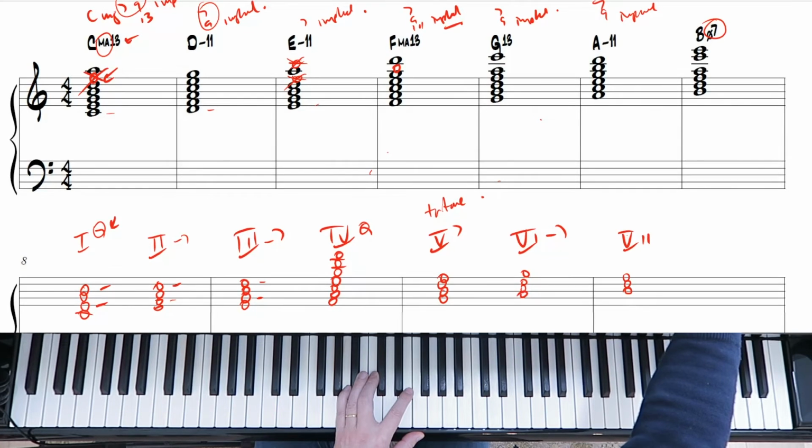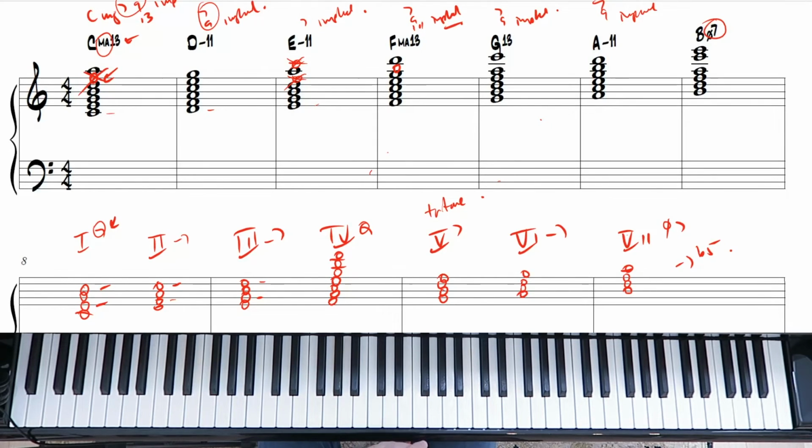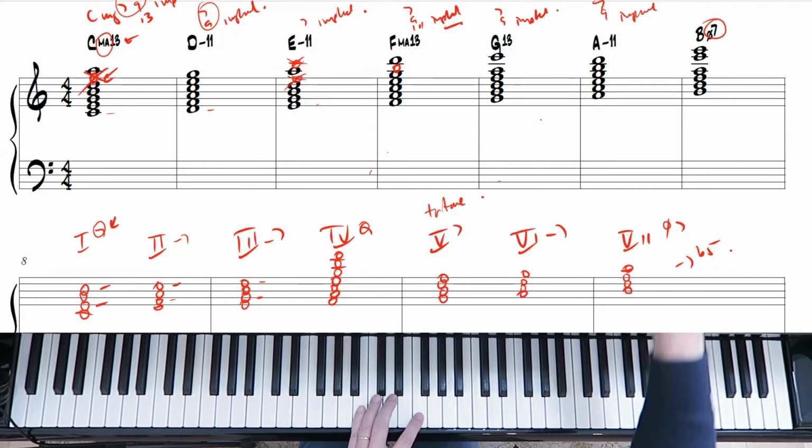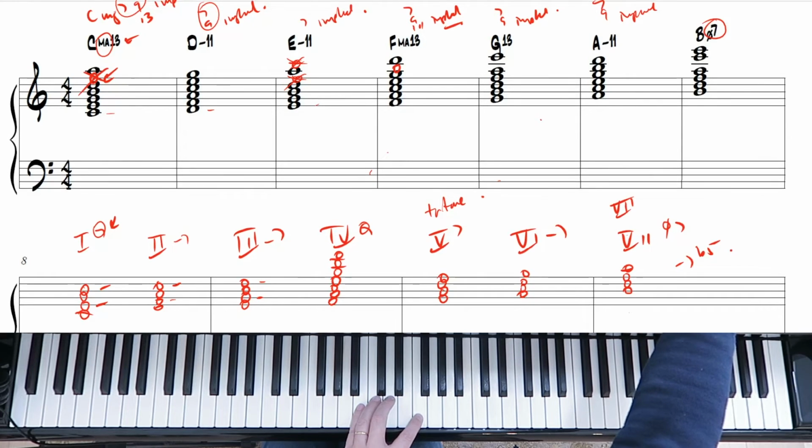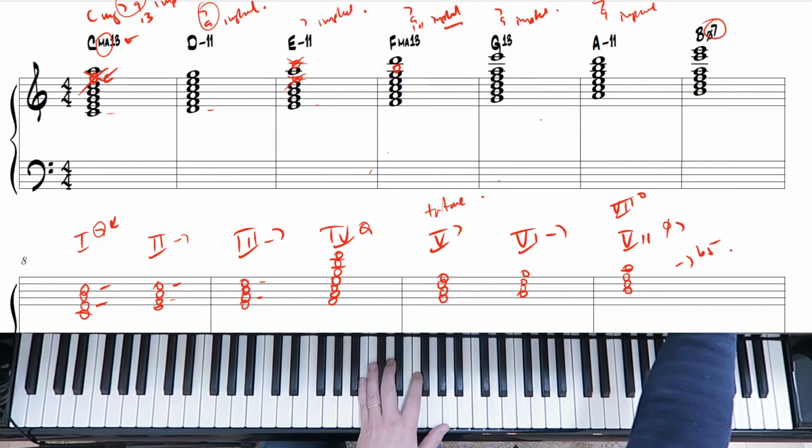This is a 7 half diminished 7th chord, or minor 7 flat 5. Let me explain. The first 3 notes, 1, 3, and 5, all are minor thirds, making that a diminished chord. So if you just write B, D, and F, it's just like a B diminished chord. If you put a 7th on top of that, the last interval is a major third.